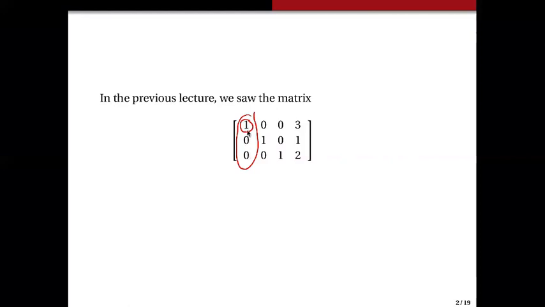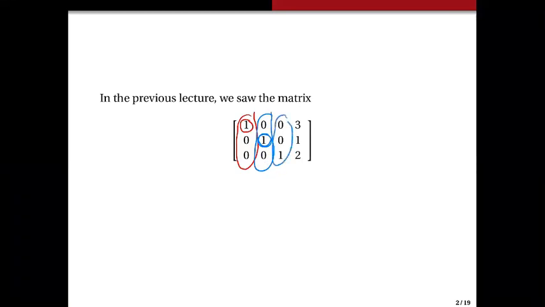So the fourth condition is satisfied. If we look at this column here, this is a leading one, and all the other entries in that same column are zeros.